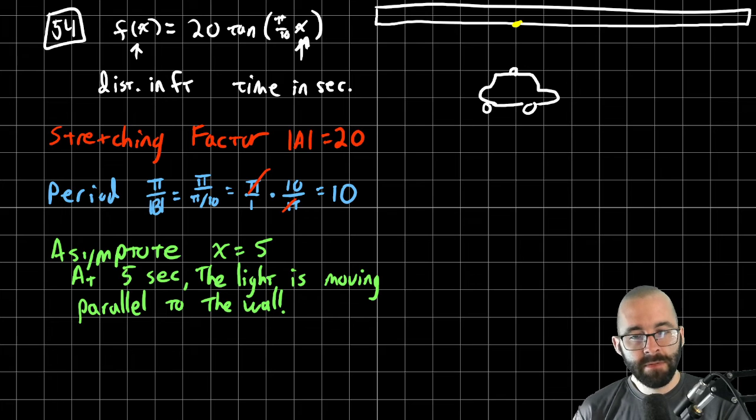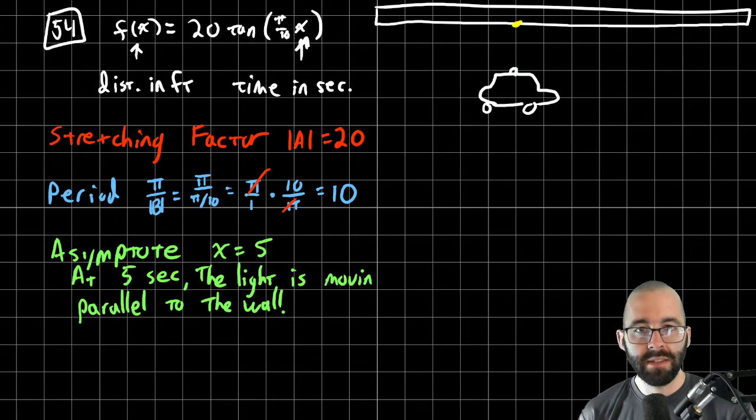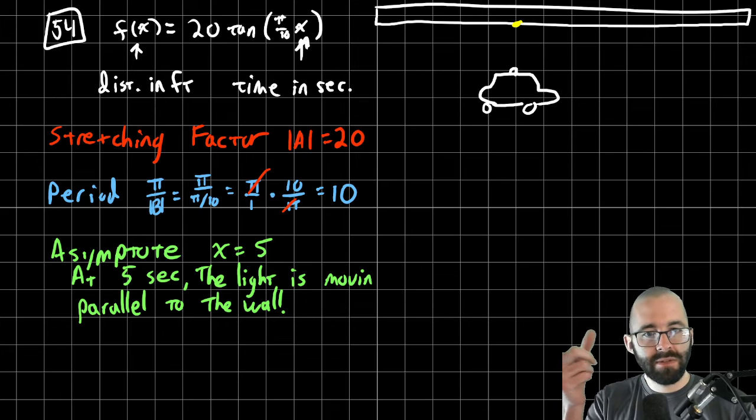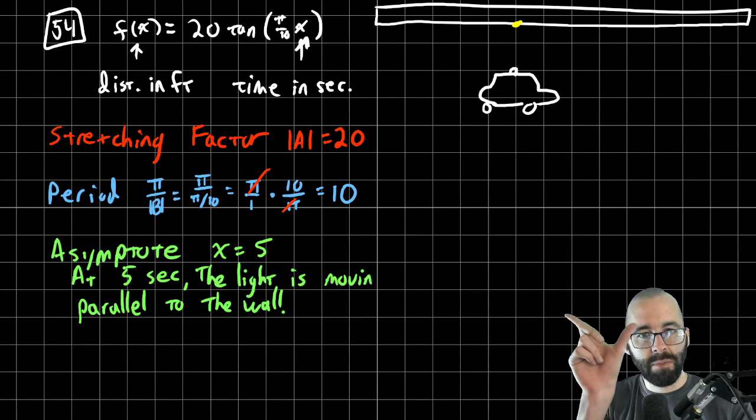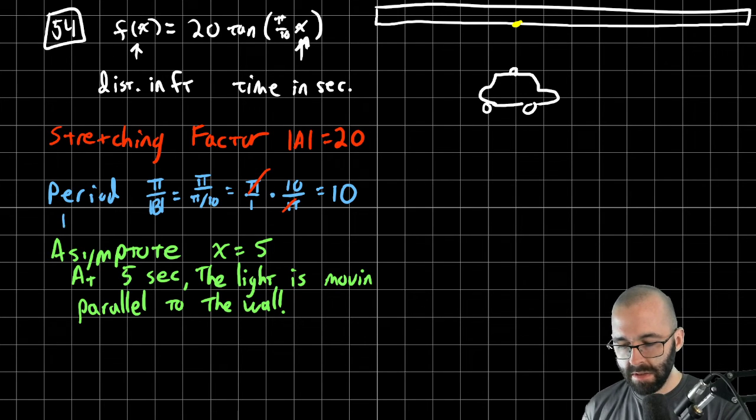Period is 10. A period of 10 means it takes 10 seconds for the light to move all the way from going to the left to all the way going to the right. And again, this is one of those cop car lights that is light on both sides. So it takes 10 seconds for the light to rotate 180 degrees.